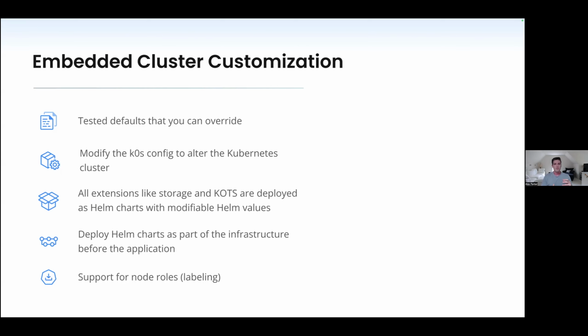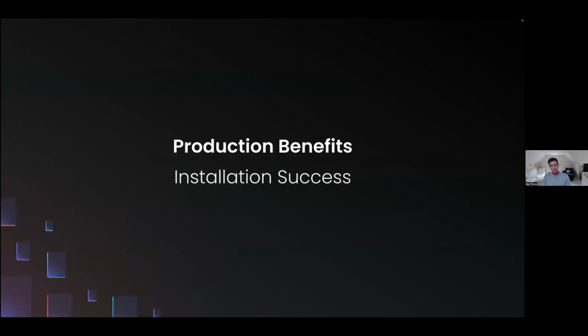So all of these are benefits of how, when you embed that cluster into your application, you can control these things and make it a lot easier to deploy the application. So instead of the customer having to do those lower levels of that pyramid just to get to the app, you can deploy the app and control all of those levels of the pyramid yourself within your application release.